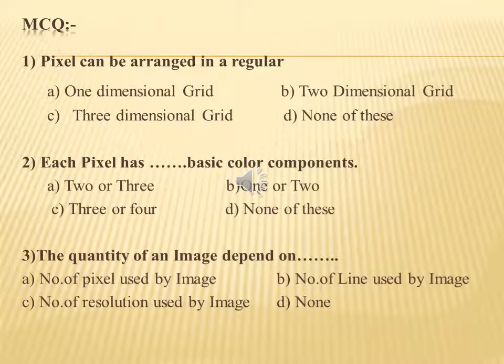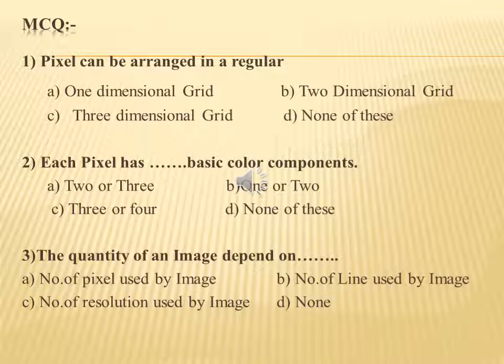Some questions are here. First, pixels can be arranged in a regular: first option, one dimensional grid; second, two dimensional grid; third, three dimensional grid; fourth, none of these. Student, think about the answer. Second question, each pixel has dash basic color components.